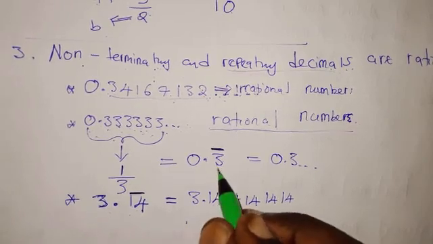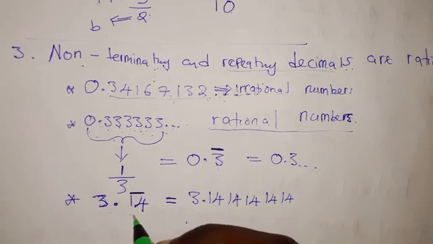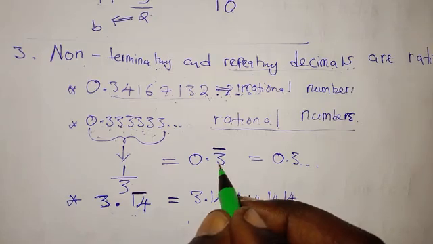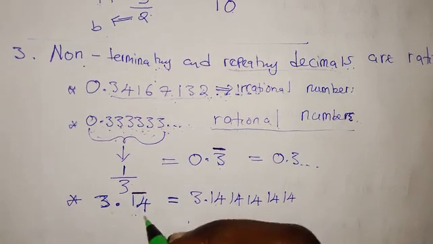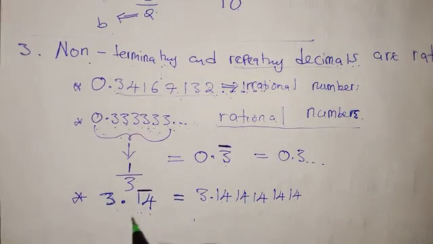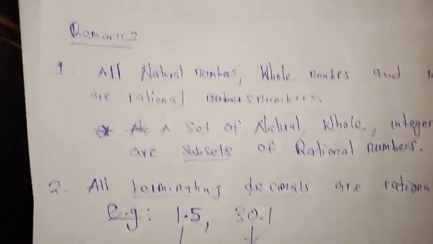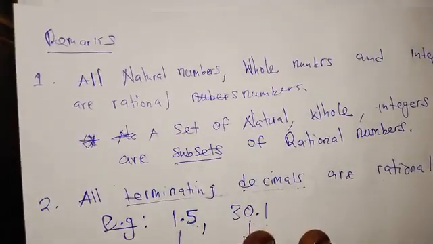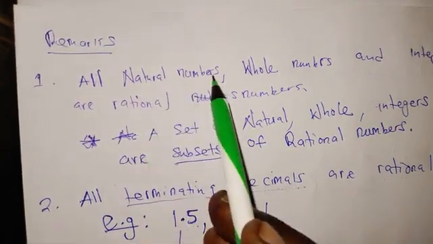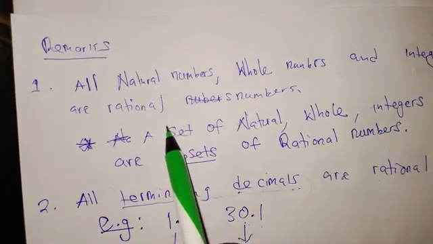So it is not just only one number which can repeat. In some cases, two numbers are able to repeat themselves. So this is a 1 repeating decimal number, and this is a 2 repeating decimals. So remember what we're just explaining: under remarks of rational numbers, all natural numbers, whole numbers, and integers are rationals.